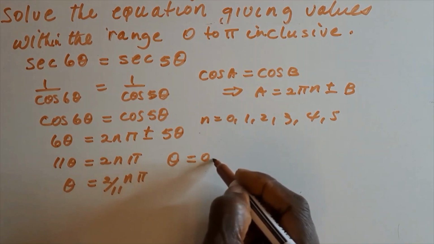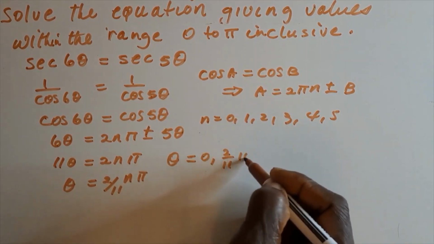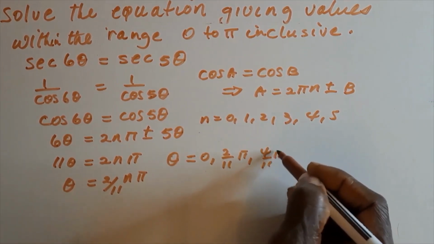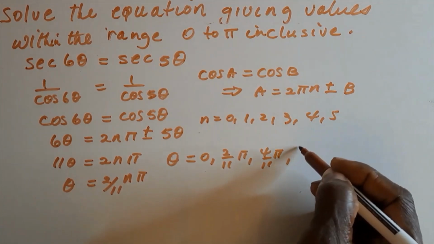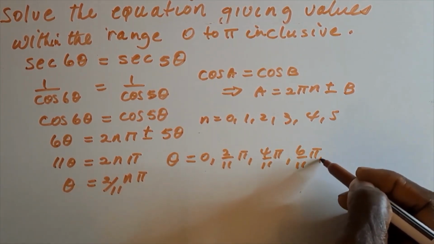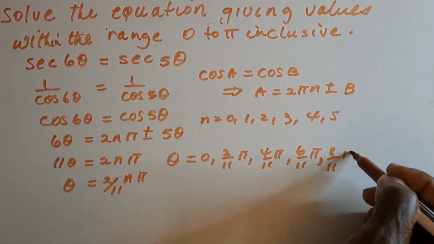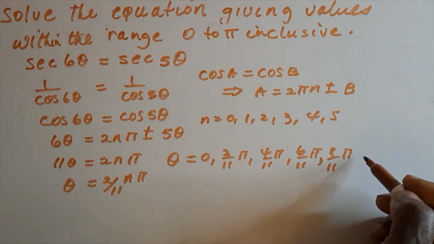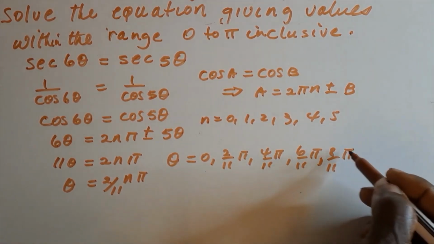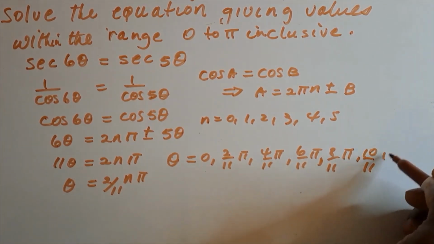equals 0, 2 11ths pi, 4 11ths pi, 6 11ths pi, 8 11ths pi and 10 11ths pi.